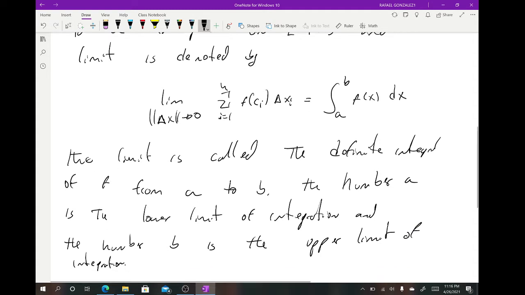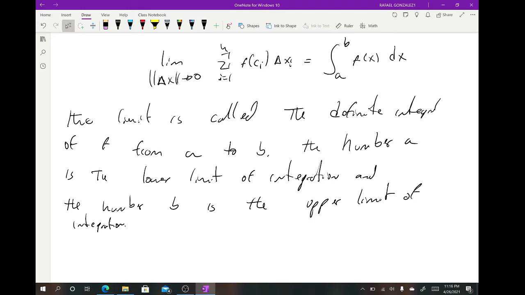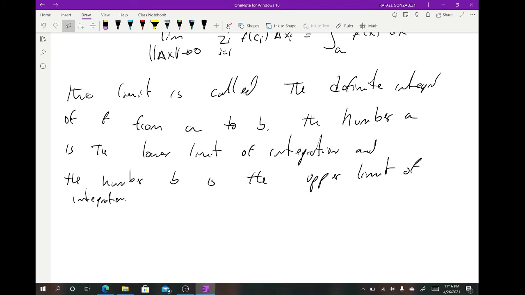So when somebody says, what are the limits of integration of an integral that you're given, you know that the limits of integration are a and b.